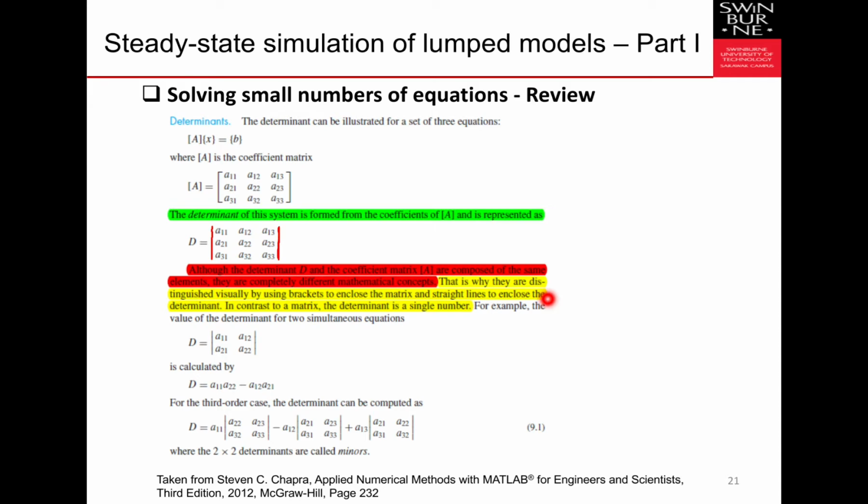For example, the value of the determinant for 2 simultaneous equations is expressed by this expression and can be calculated by this. For a 3 by 3 matrix, this expression shows how we can determine the determinant. The 2 by 2 determinants here are called minors.